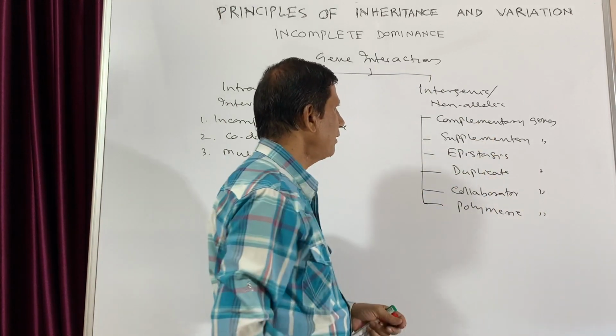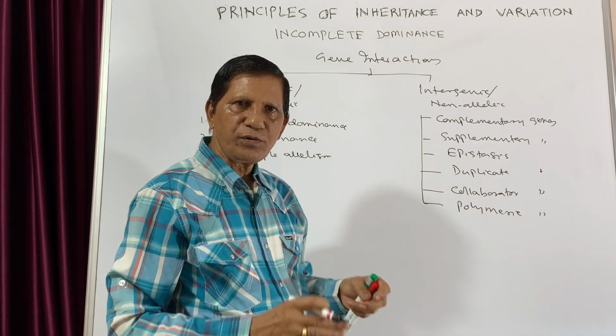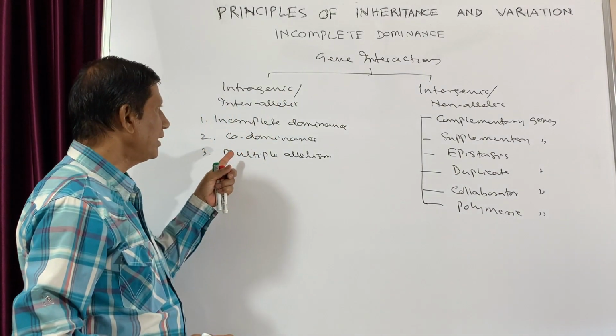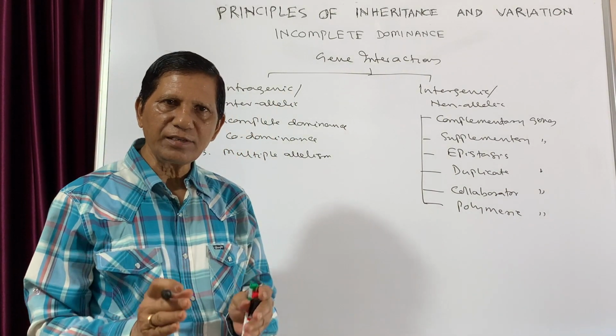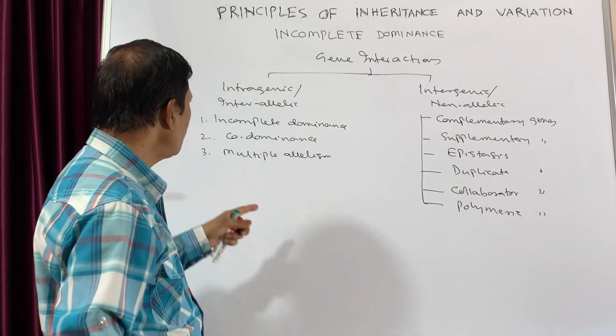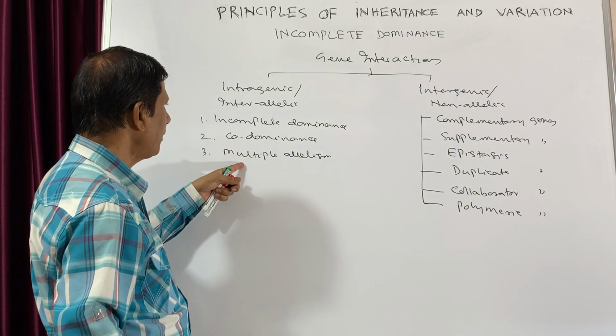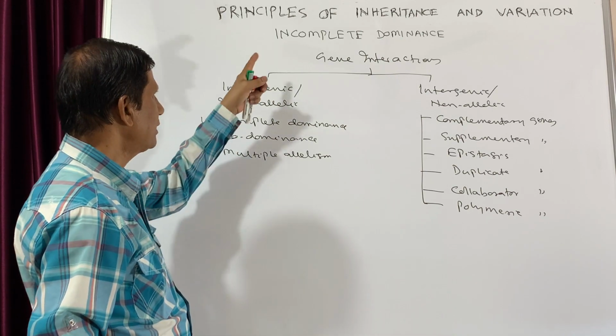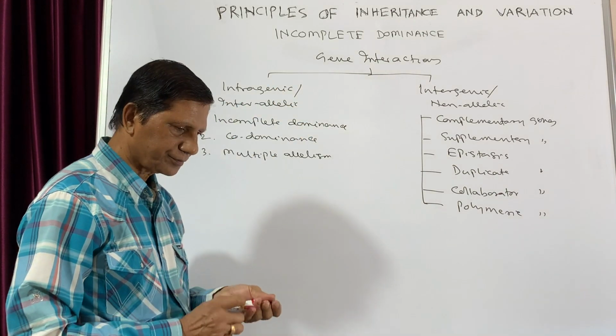These are the different interactions between gene and gene, that is non-allelic. But these are the different interactions between different alleles of the same gene. So here incomplete dominance, codominance, and multiple alleles come. And from this, today in this video, we will discuss incomplete dominance.